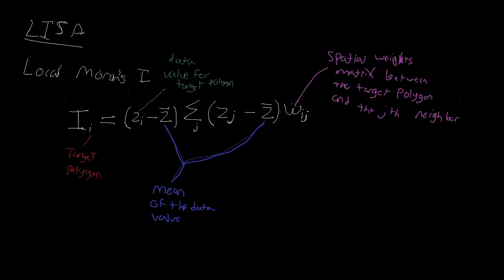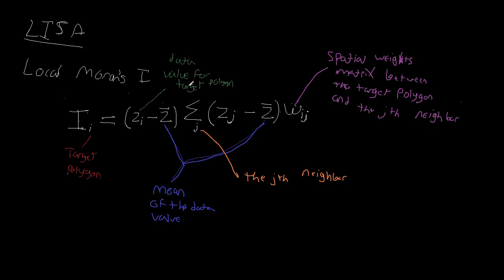So the last thing we need to talk about, and hopefully you already kind of know what I'm about to say here, is this j term right here. This j is the jth neighbor. So basically this is all the other polygons that aren't i. So i is the target polygon. The jth is all the other polygons.